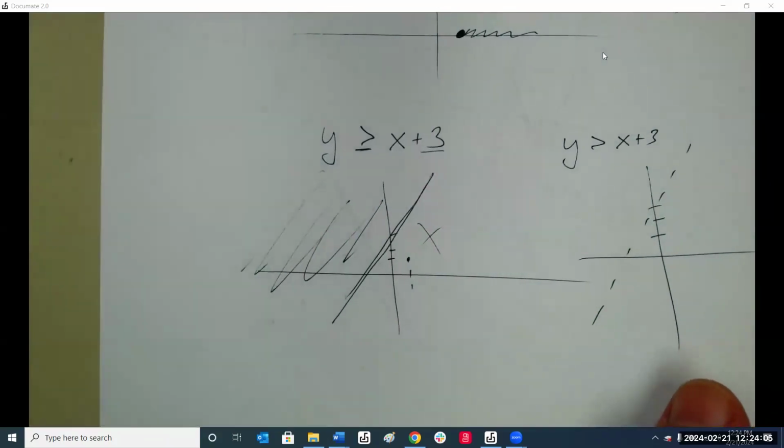With quadratic equations or higher order polynomials, it all depends on what the factored form is, because you have to see how many intercepts you have.